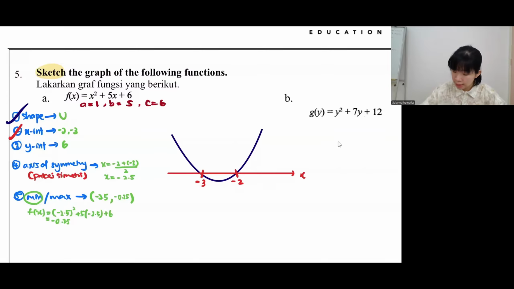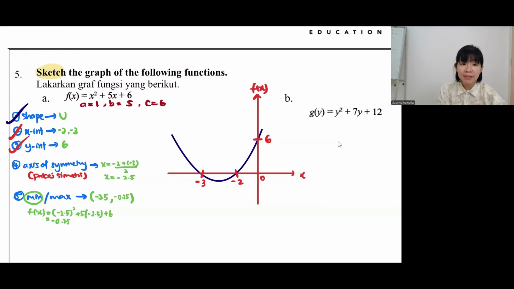So you put the y-axis. When you put the y-axis, make sure it intersects with the graph as well. Must cut at least a bit. So this one, f(x). Once you draw the y-axis, here is 6, this one is 0. Understand? Okay, y-intercept done.